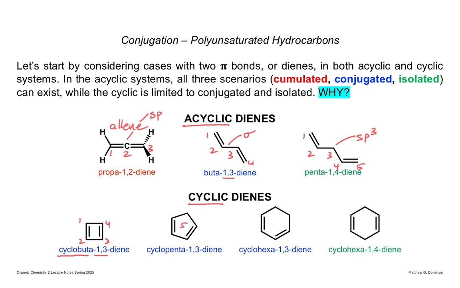So 1, 2, 3, 4, 5. And notice that they're connected now together by this sp3 hybridized carbon, but overall there's a sigma bond between them. So we have a 6-membered ring, cyclohexa-1,3-diene.